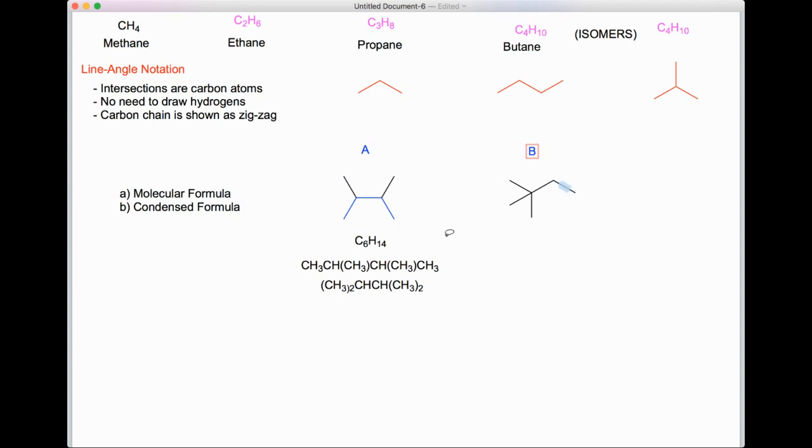good. What's the molecular formula for molecule B? How many carbons do we have in molecule B total? 6 carbons, right? One, two, three, four, five, six. How many hydrogens we have in this molecule B?